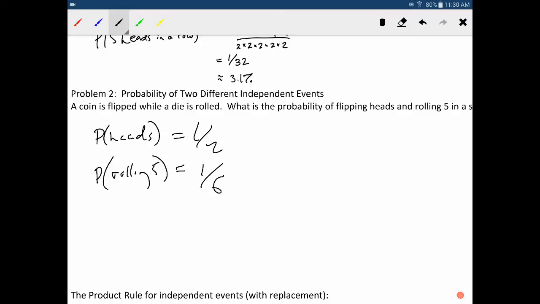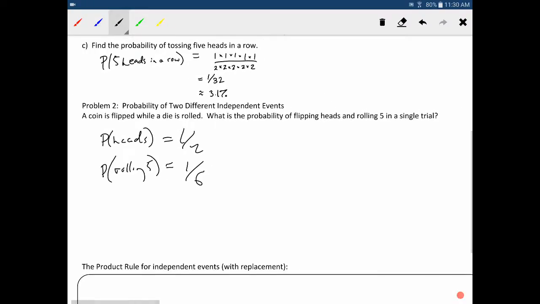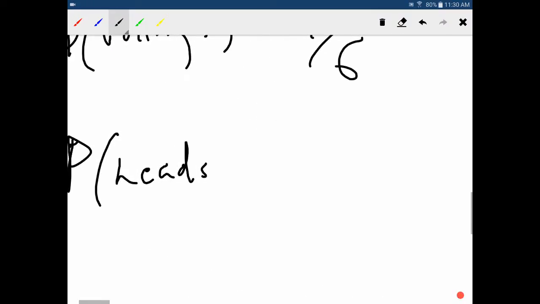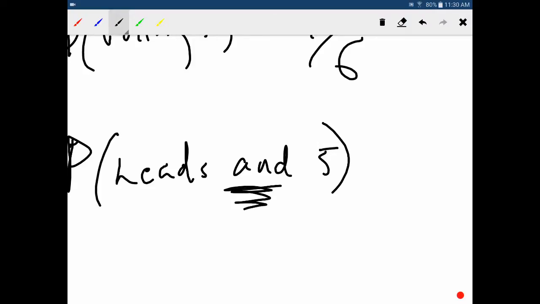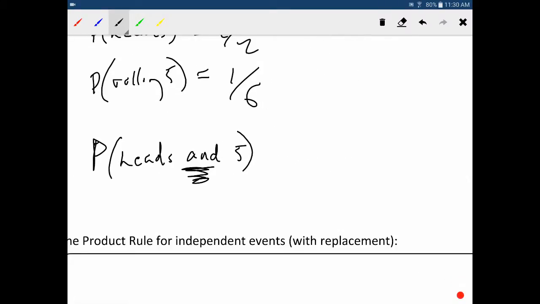So what we're going to do then is say, well then what's the probability of heads and 5? The key word here is "and," and we've seen this before in the last unit, and it works the same actually.